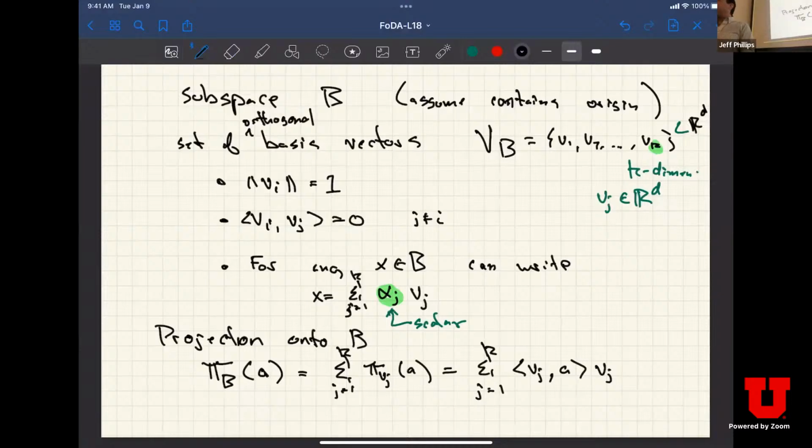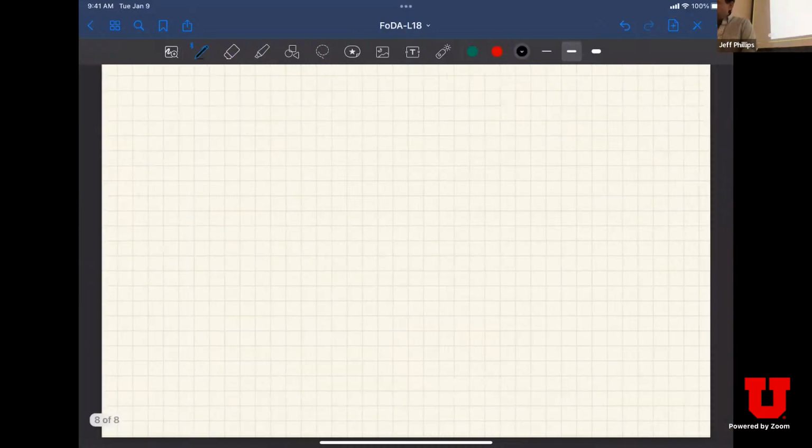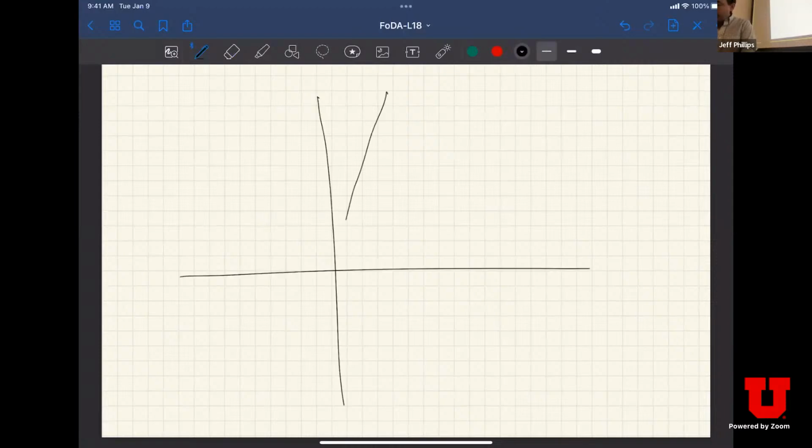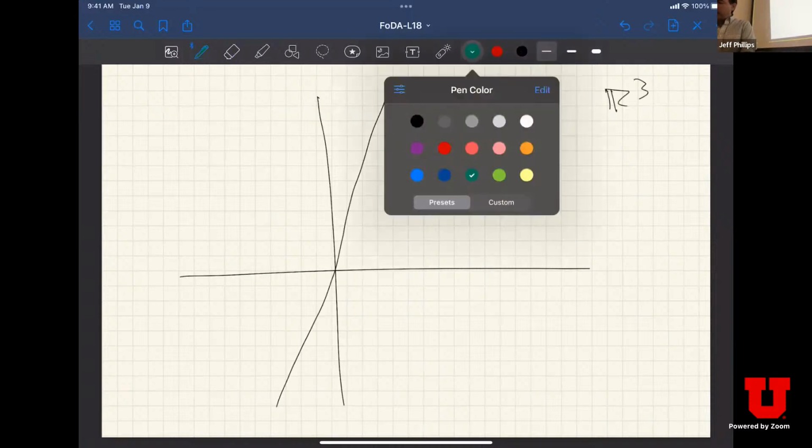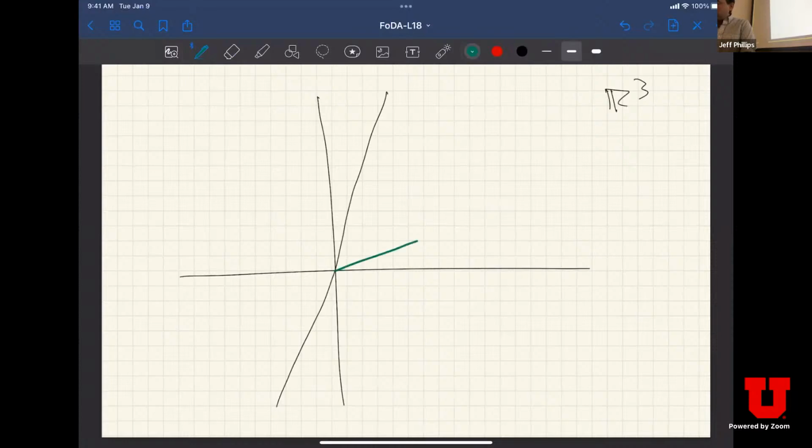So I'm going to draw a picture on the next page once you've written this down. The way to think about this is, let's say I'm in R^3, and I'm going to have 2 basis vectors, v1 and v2.